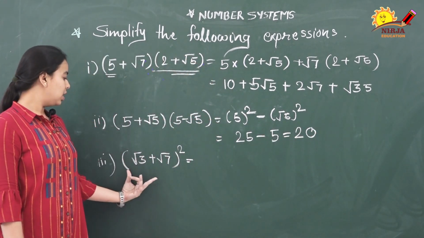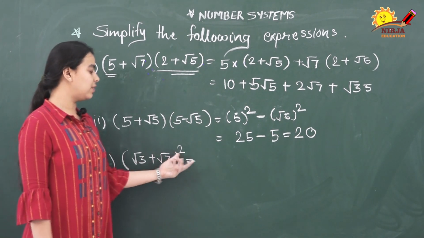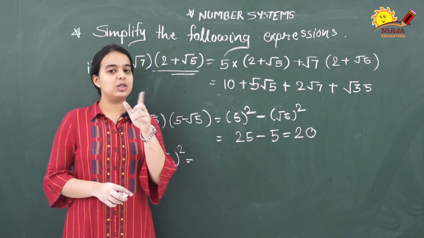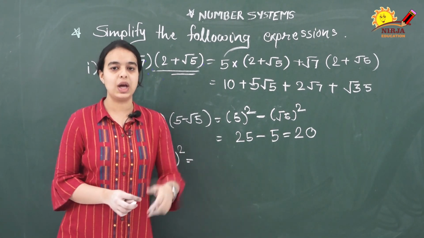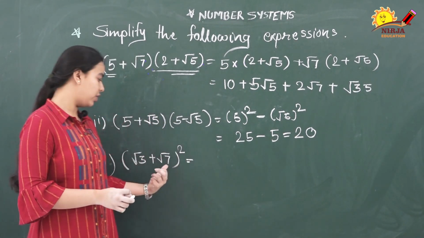Now the third one we need to solve is (√3 + √7) whole square. We have (a + b)² equal to a² + 2ab + b². Here our a is √3 and b is √7.